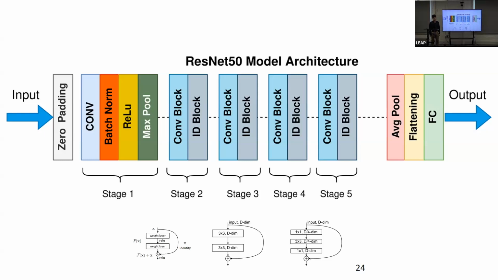An activation from a certain layer will be connected to a future layer by skipping layers in between. We have a lot of those residual blocks throughout the ResNet 50 model, which is called that because it has 50 layers. We have pairs of convolutional blocks and identity blocks. And then at the end, we have average pooling, flattening, and fully connected.